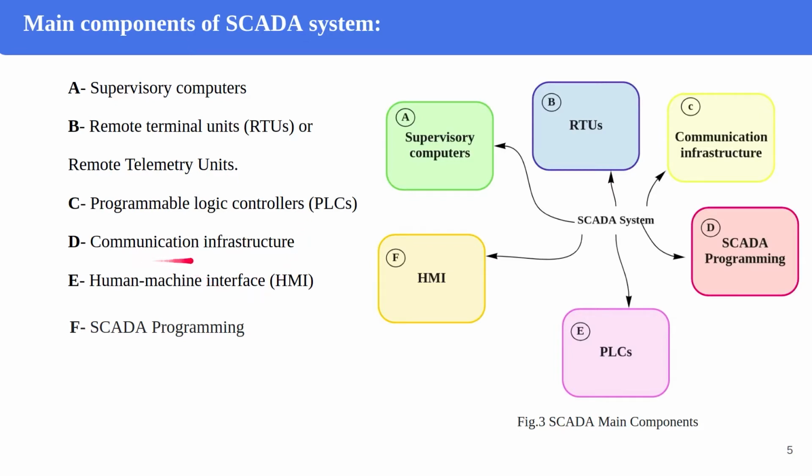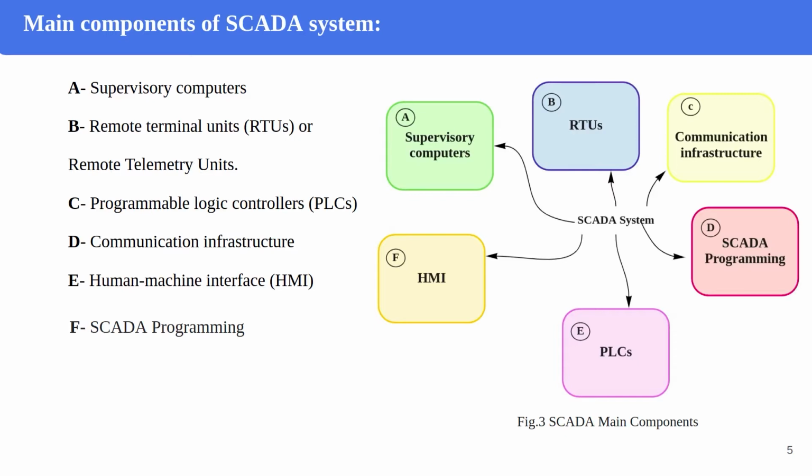We also have communication interfaces. A SCADA system can use both wired and wireless communication technologies and different communication protocols to transmit data between operators and machines. So both non-proprietary protocols like Distributed Network Protocol, DNP3, and proprietary protocols are used in certain SCADA systems.